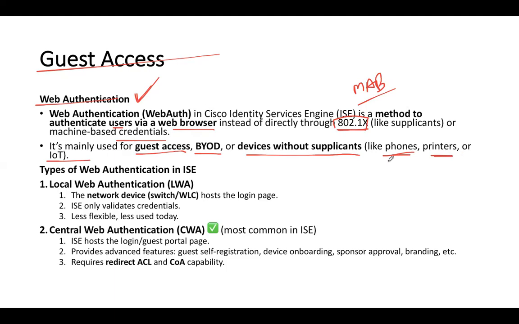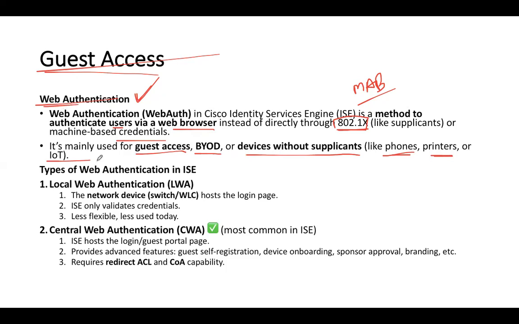But that authentication will take place only when those devices are permanent devices or users of a company. We are completely talking about the guest who has brought a laptop, along with a personal tablet, mobile phones, and so on. For those, we have web authentication.